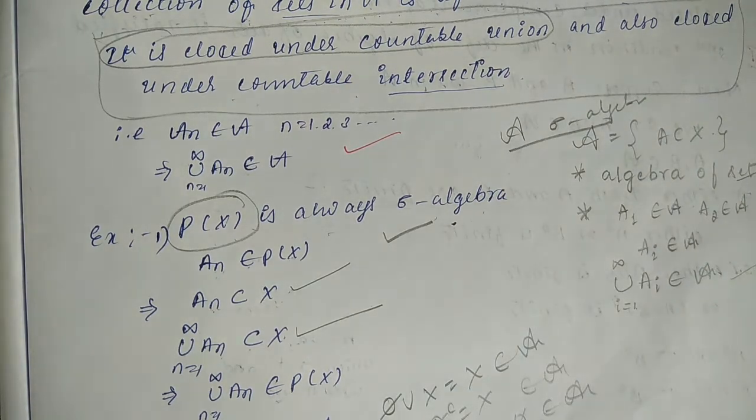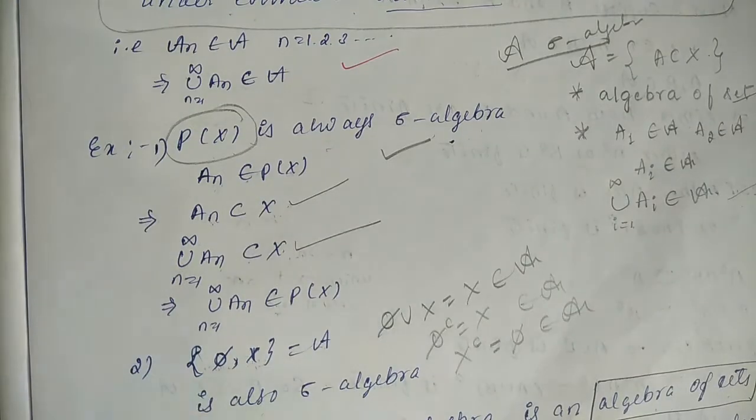P of X is first of all an algebra and also satisfies one more condition, which is closed under countable union. Therefore, it is a sigma algebra.